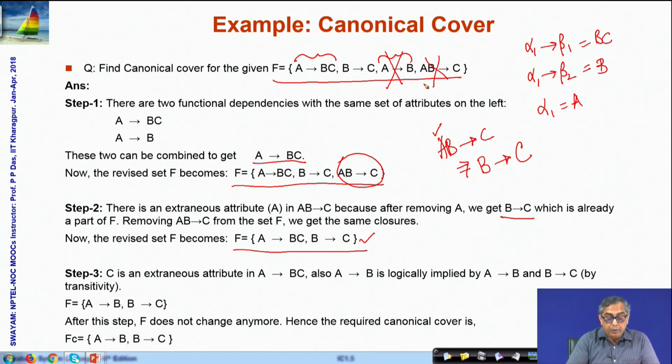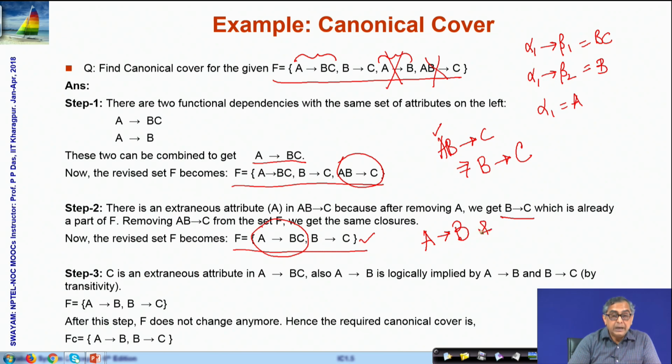Now, we are left with A determines B C and B determines C. Now, you can see that in this functional dependency A determines B C, we want to see whether C is an extraneous attribute. So, if C is an extraneous attribute, then this A determines B C will become simply A determines B. Now, we can see that B determines C is already there.